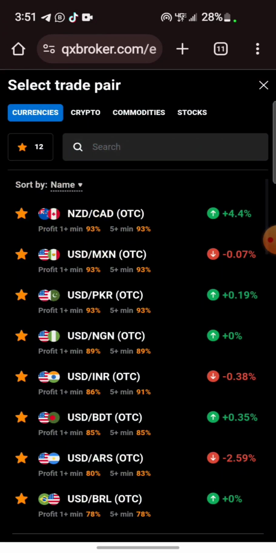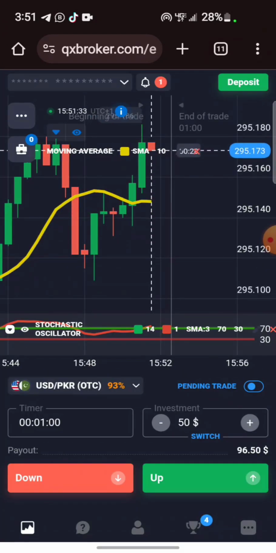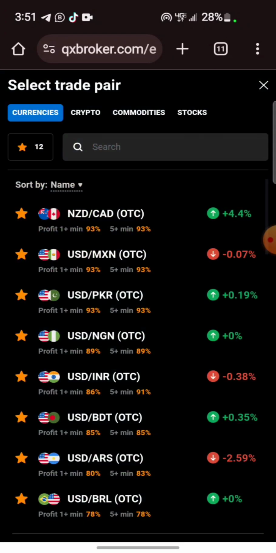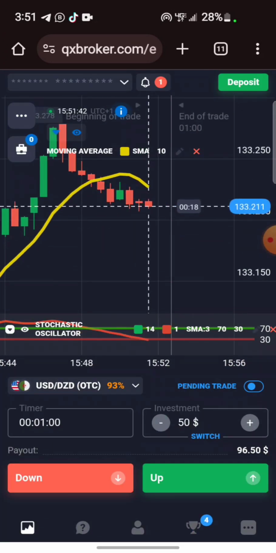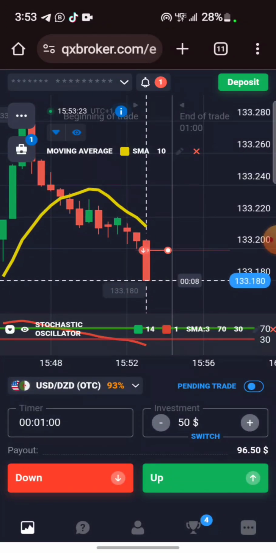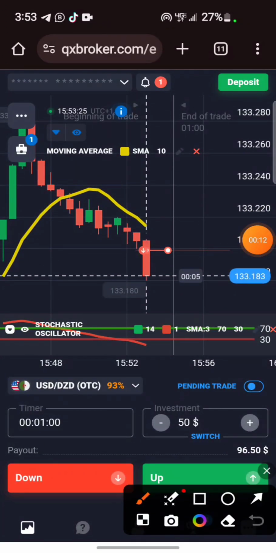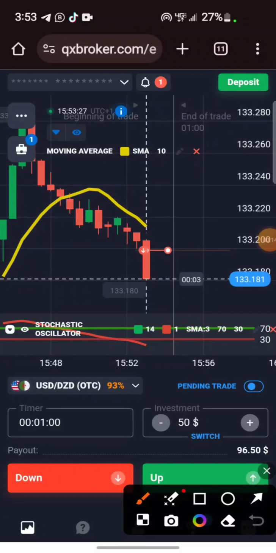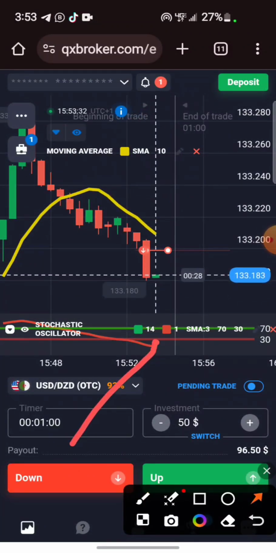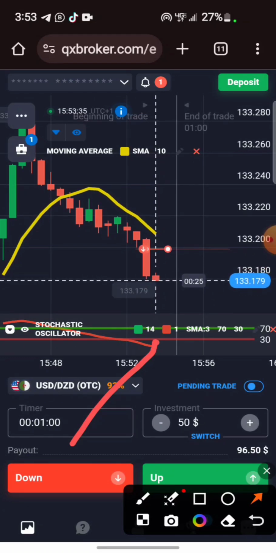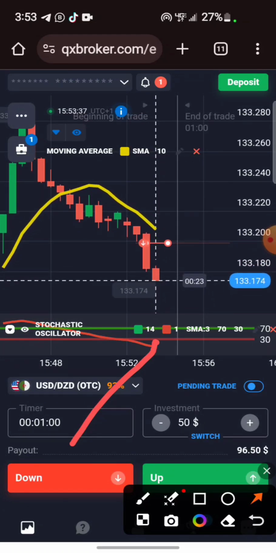So I'm going to be selecting another currency pair. I want another setup that I can use to support one of my explanations, so that I make use of that to enter the market. And this is more similar to what I have explained. I sold. Why? Because I strongly believe most of my old students should be able to know the reason for my entry here, because this moving average fell below the red line of the stochastic oscillator, which means that the market is on the bearish side, like I used to explain.